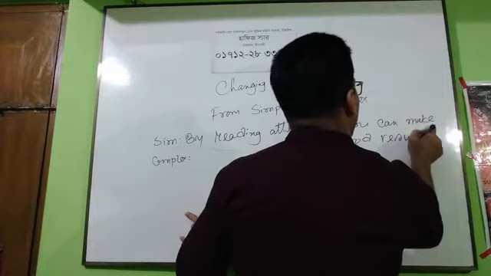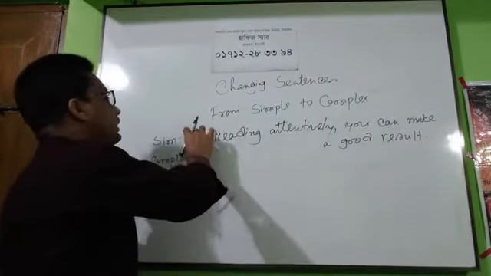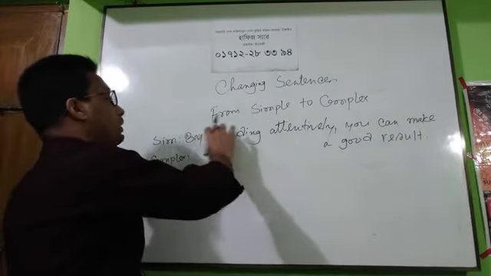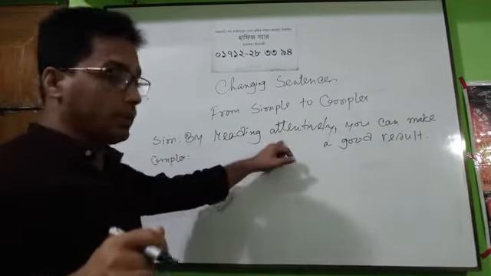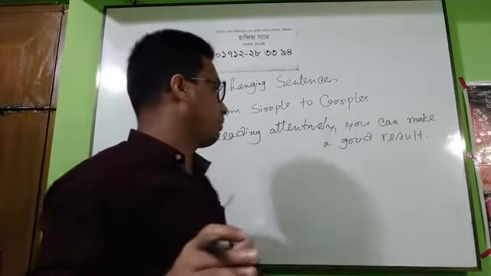This is a simple sentence because this is not a clause. By reading attentively is actually a phrase, it's not a clause. So it has one subject and one finite verb.